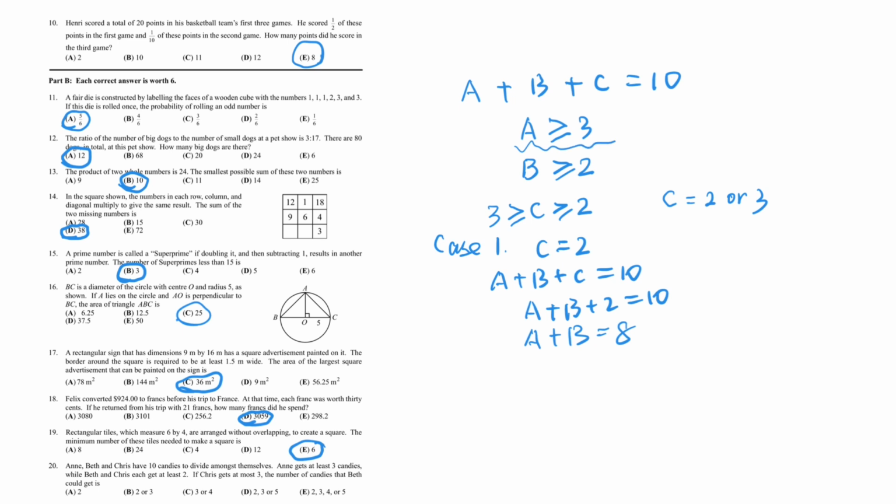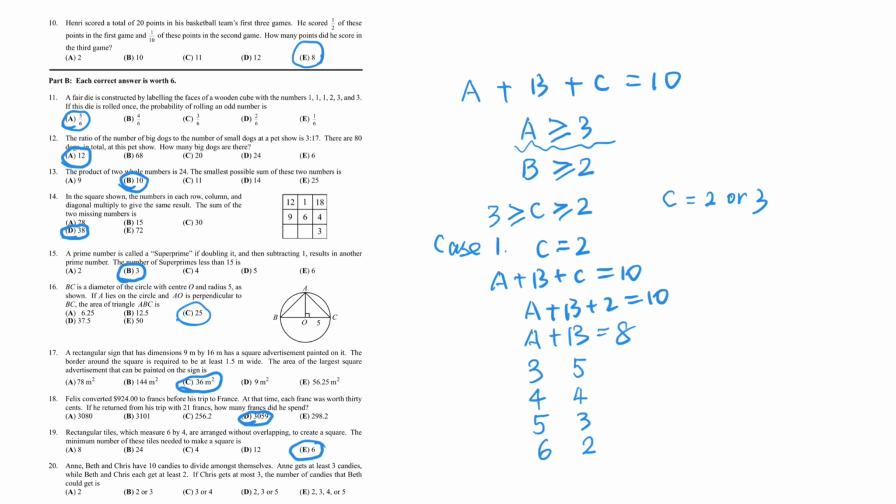A is greater than or equal to 3, so A can be 3, then B is 5. A is 4, B is 4. A is 5, B is 3. And A is 6, B is 2. Because B is greater than or equal to 2, we cannot go lower than 2.